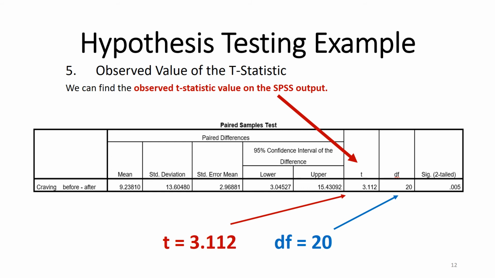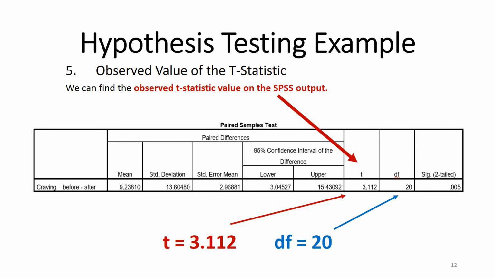But also, as we learned from our previous t-test, now that we're working with t-tests and other tests based primarily on samples, we also want to make sure we report our degrees of freedom. Remember, the degrees of freedom is very closely related to sample size. For the paired t-test, the way that it's computed is it's the number of pairs minus 1. So you may recall from the previous slide, our n, our sample size, was 21.